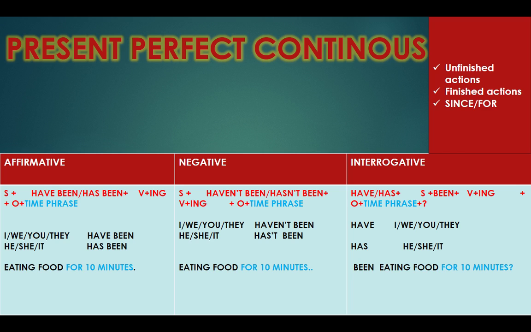All right, but I quit it, I stopped it for some reason, and I will continue that action later. You get it? So this is where we use present perfect continuous tense again. This is the second usage, where your work isn't finished.